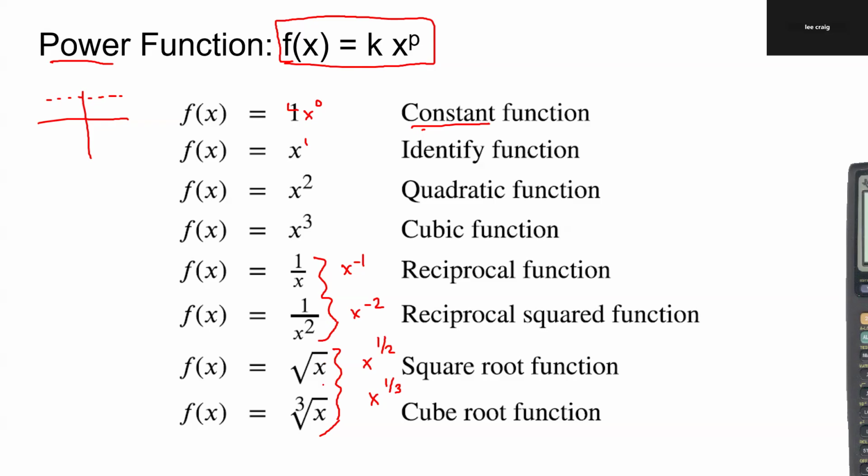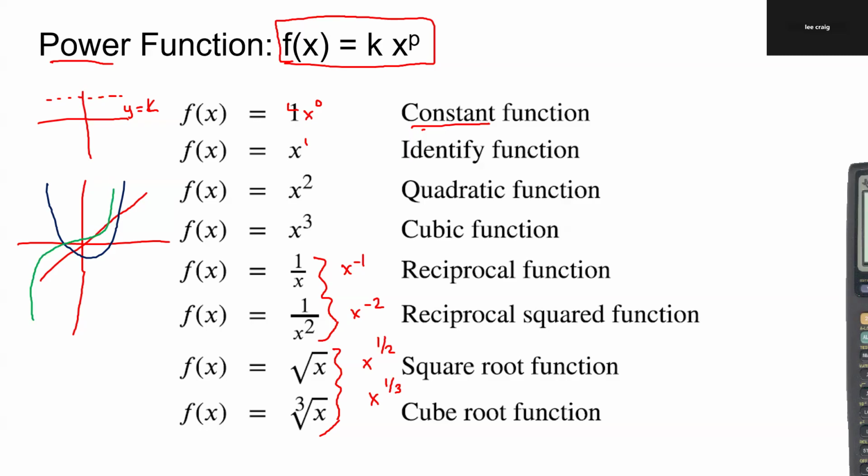And that's pretty straightforward. We know what most of these look like. This would be our constant function right here. I'll put a whole bunch of those powers in there. x to the first is going to be a linear function. x squared is going to be a parabola. x cubed is going to have that typical cubic pattern, something like that.